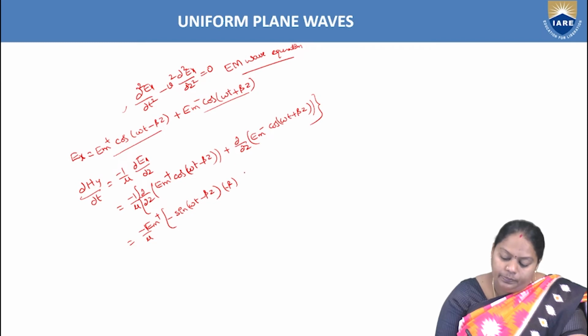Then here it will be minus 1/mu Em minus into the differentiation of this function, which becomes sin(omega t plus beta z) into beta.